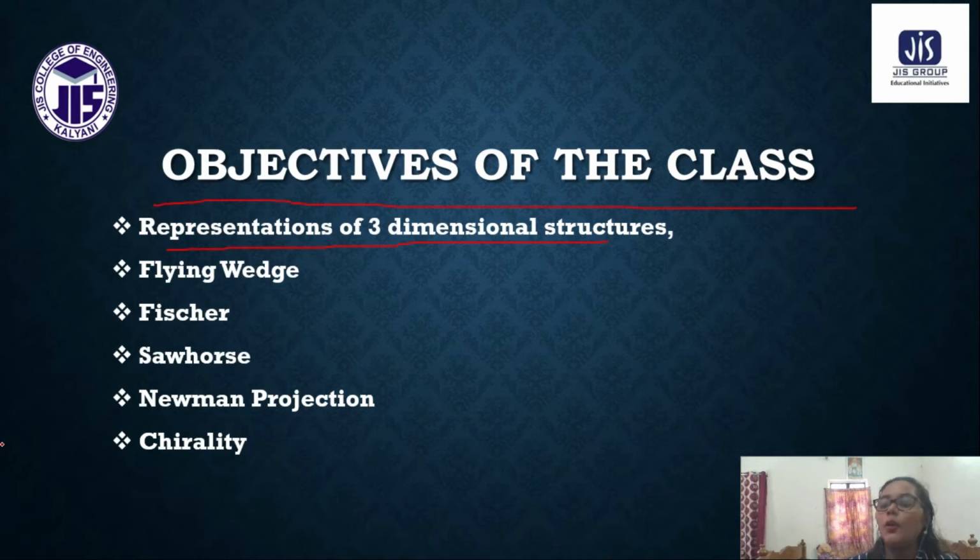These are just projections, meaning how you are looking at your molecule and from which angle. So these are just the projections of the molecules. Lastly, we will discuss chirality, which is a very important concept for this chapter.